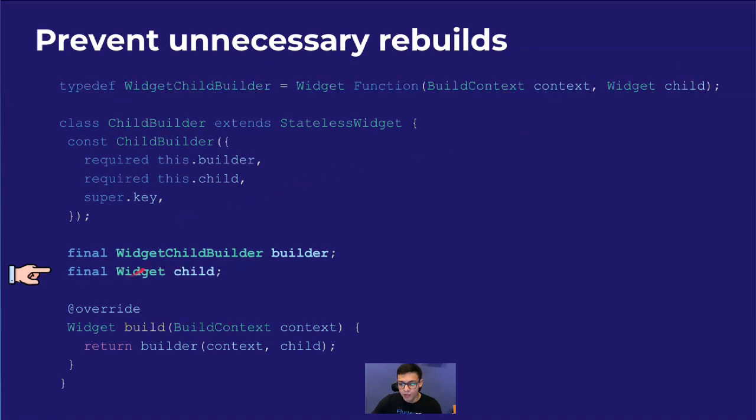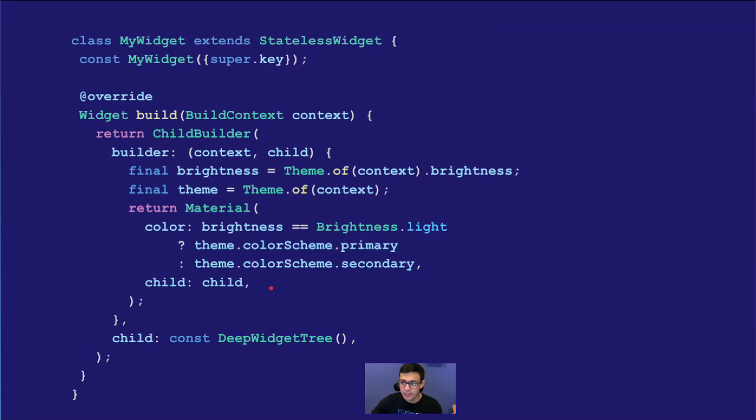Then we receive the child that we don't want to rebuild, and we just return this builder function where we pass the new context of this new widget, and the child that we don't want to rebuild constantly. Then we can see that in this updated version of the widget, we get the ChildBuilder, and the brightness and the theme are not in the global, let's say, build method.